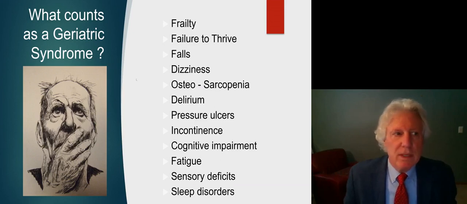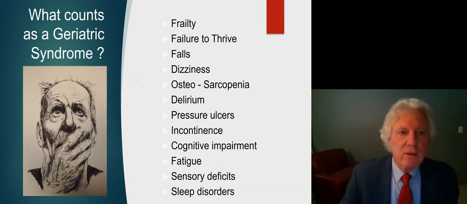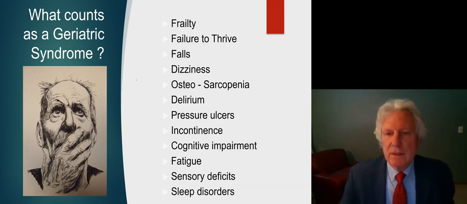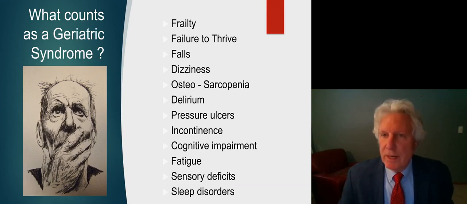So one of the questions becomes, what counts as a geriatric syndrome? You can see the list here of different geriatric conditions: frailty, failure to thrive, so that's adult failure to thrive, falls, dizziness, loss of muscle mass such as sarcopenia.